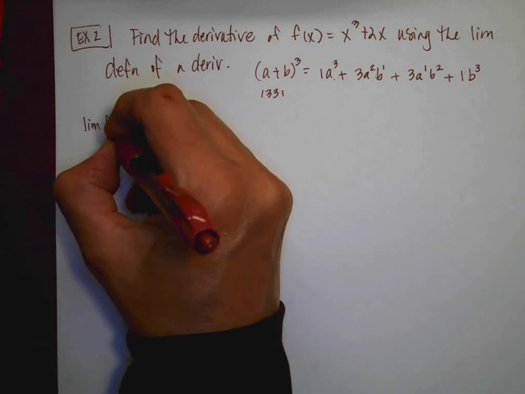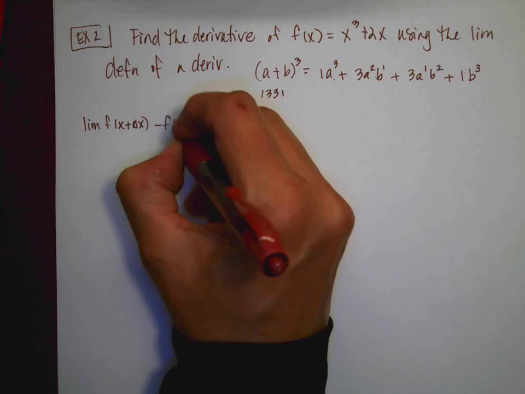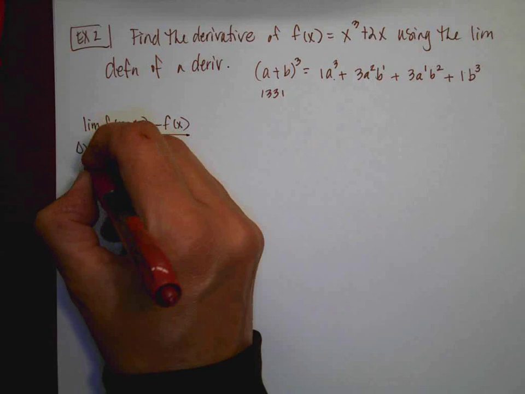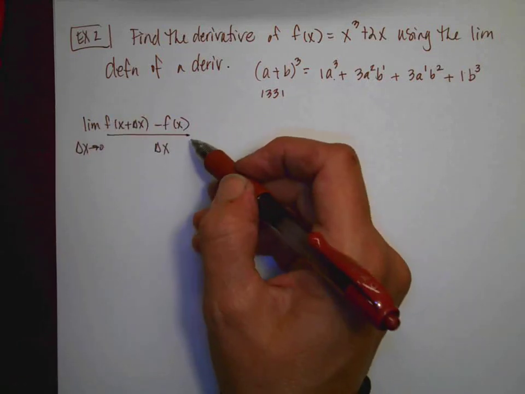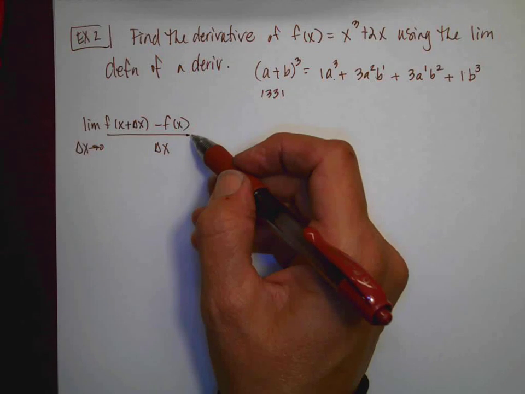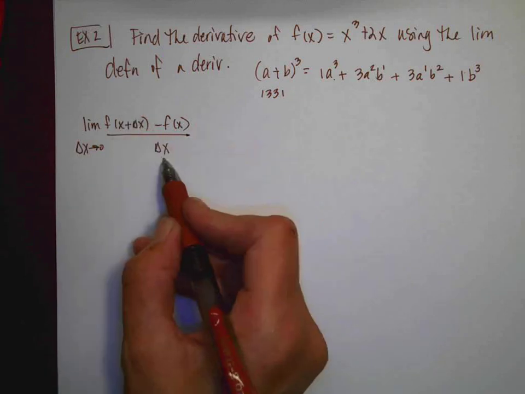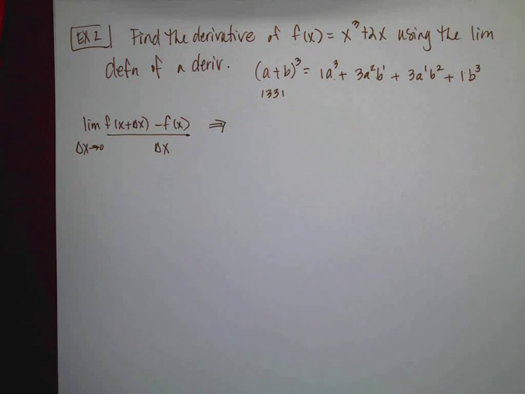So my limit definition of a derivative is going to be the limit of f of x plus delta x minus f of x over delta x as delta x goes to 0. And this is important. This is called the limit definition of a derivative, and this would be one of those things that I add to your formula sheet because you need to be able to regurgitate this in its entirety.